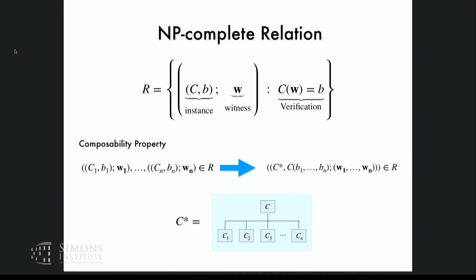For instance, suppose you have C1, B1 through Cn, Bn, and you want to compose them using some circuit C. One way to do it is just to augment this circuit C on top of all these circuits. And so now the witness for the final instance is just a concatenation of the original witnesses. Is this clear?